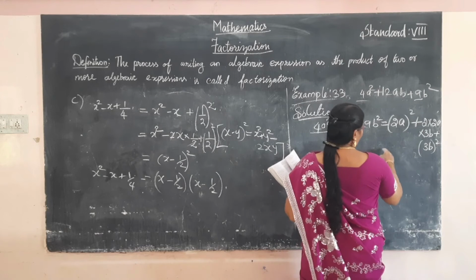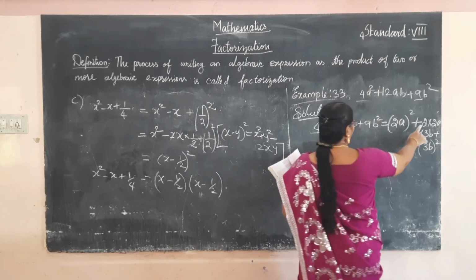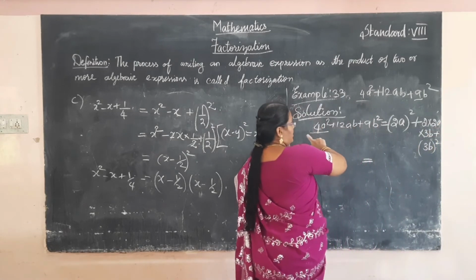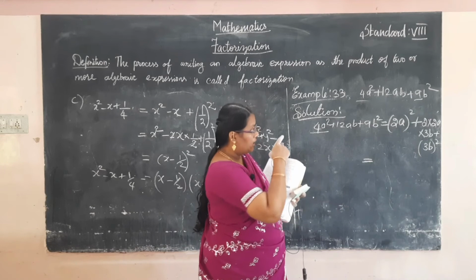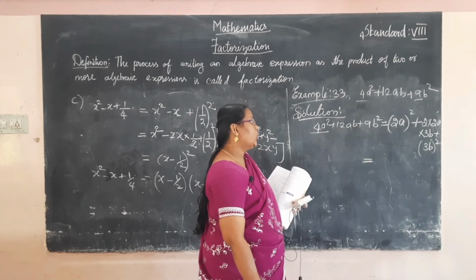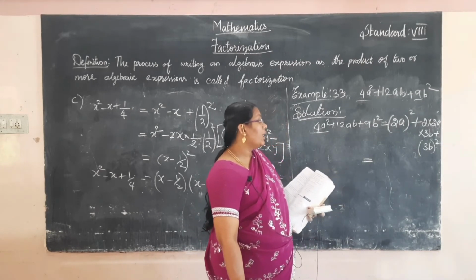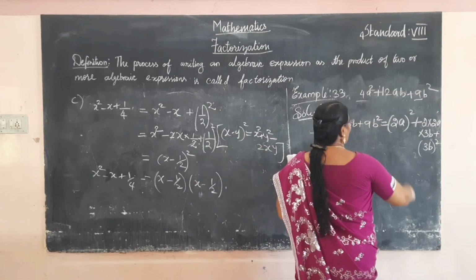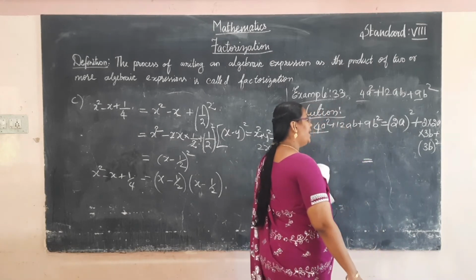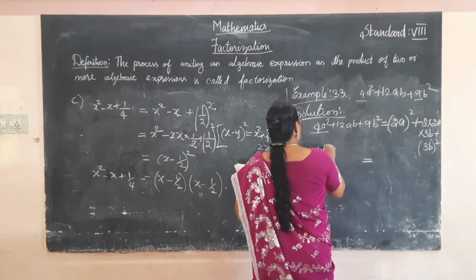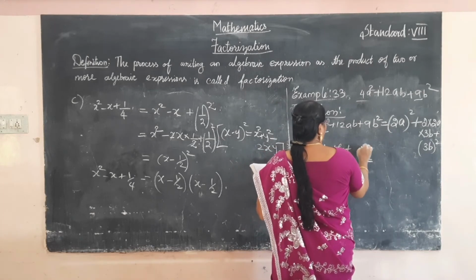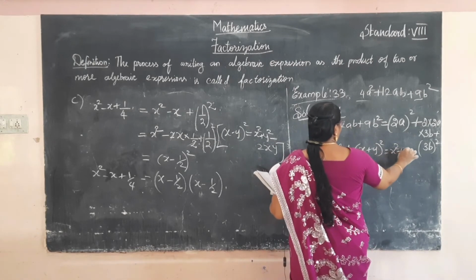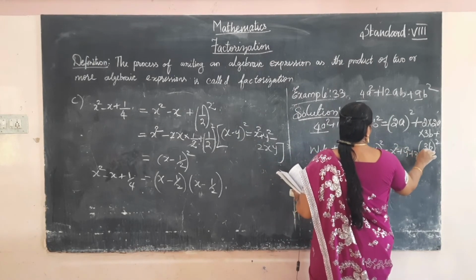Now write it: 2 twos are 4, 4 threes are 12, a into b. The given expression can be written in the form of 2a the whole square plus 2 into 2a into 3b plus 3b square. Now it is in the form of identity 1. What is that identity? We know that x plus y the whole square is equal to x square plus y square plus 2xy.